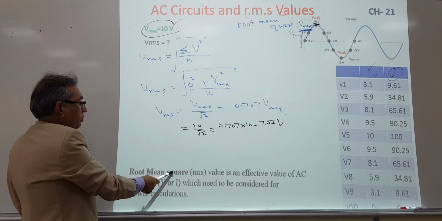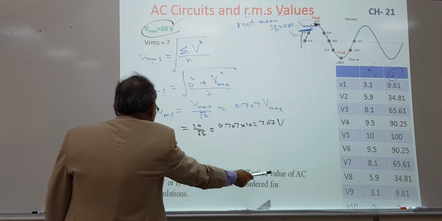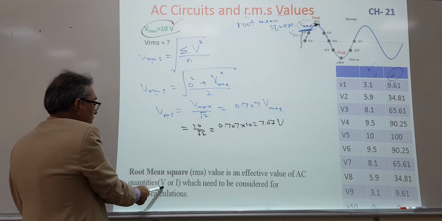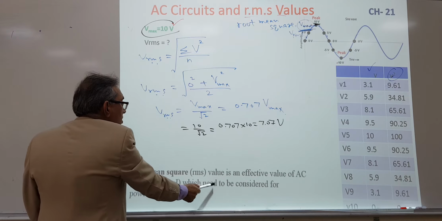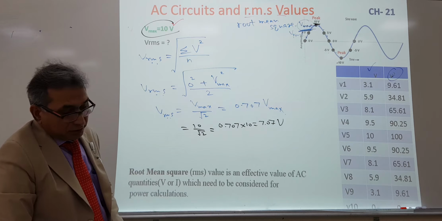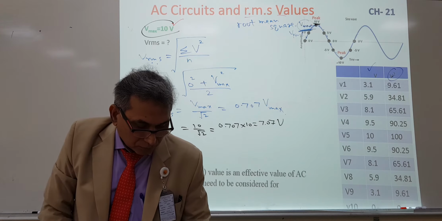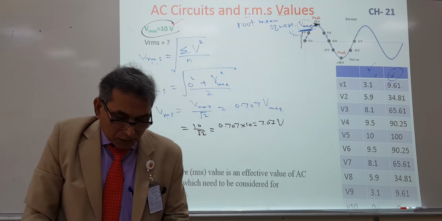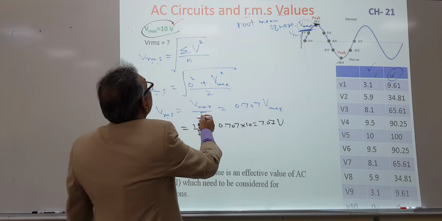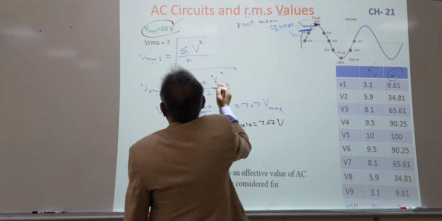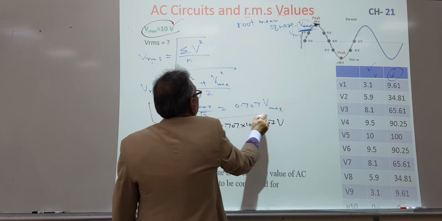What is root mean square value? It's an effective value of AC quantities, whether it is voltage or the current, which needs to be considered for power calculation. Okay? So similarly, you have this rule for the voltage.